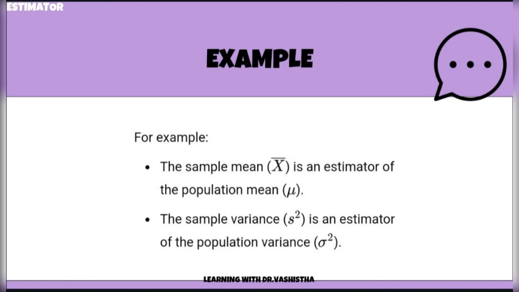So it is the estimator of that population mean. Similarly, if the population variance is sigma square, then the sample variance, which is the estimator of this population variance, can be taken as S square. So that is how we'll be presenting or denoting it.